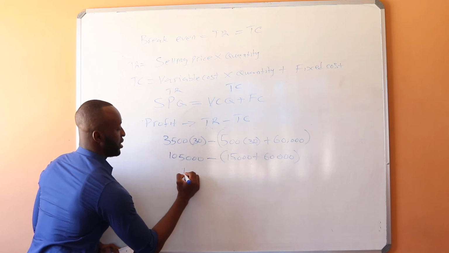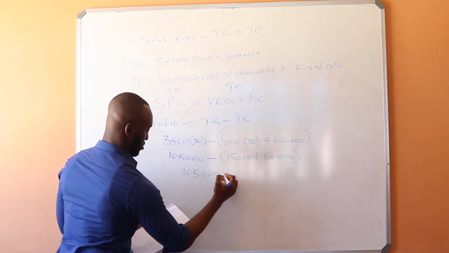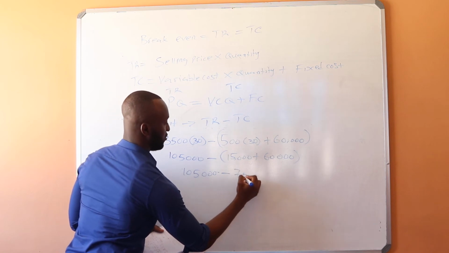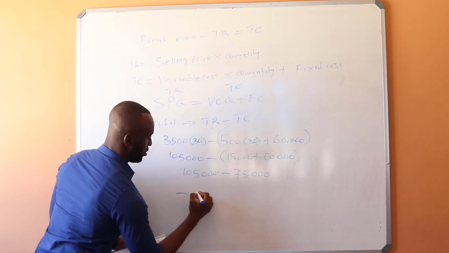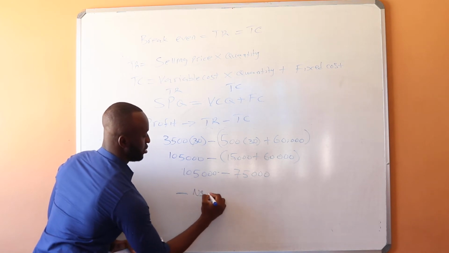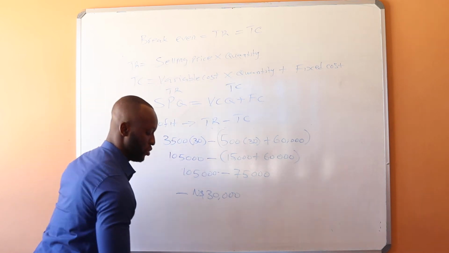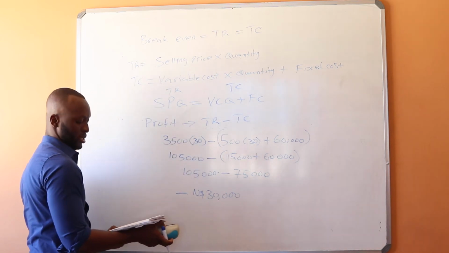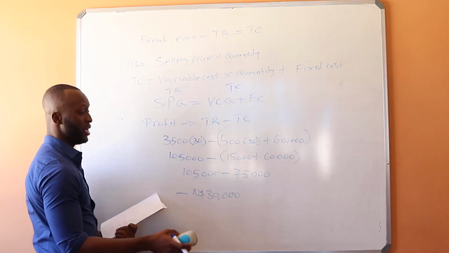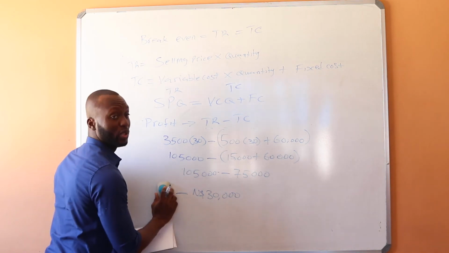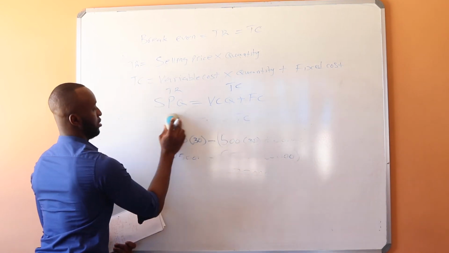So you're going to have 105,000 minus 75,000, and this is equal to $30,000. So if you're selling 30 kitchen units, you're going to make a profit of $30,000. Now let's calculate what's going to happen in the situation of a loss.